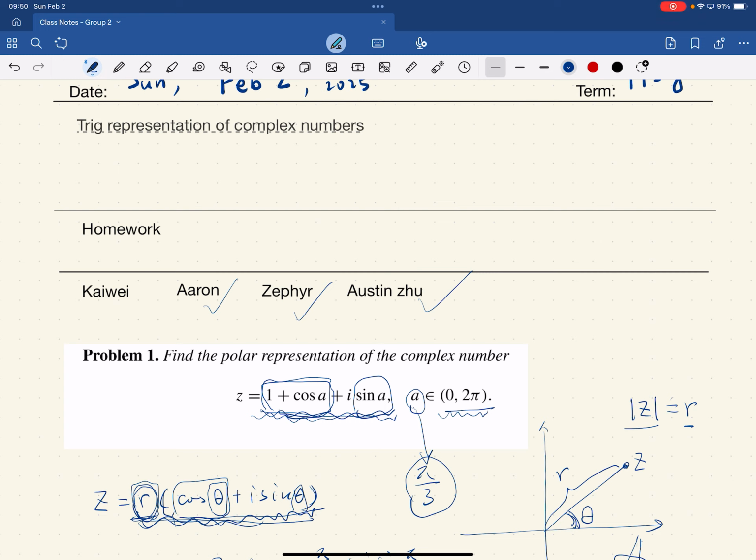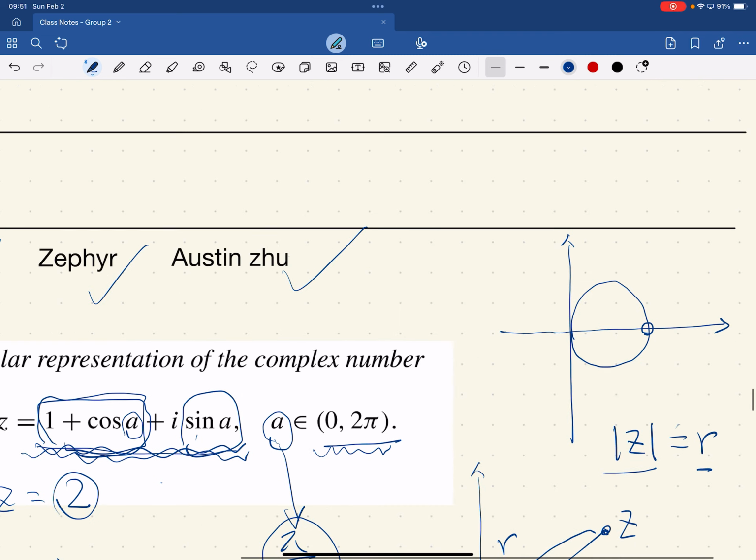If you set the angle as 0 or as 2 pi, then cosine 0 is 1, so this is 2. Sine 0 or 2 pi is 0, so this is 0. So z equals 2, and this is not included. What we can see here is that the whole set of complex numbers lies on the circle with this point excluded.